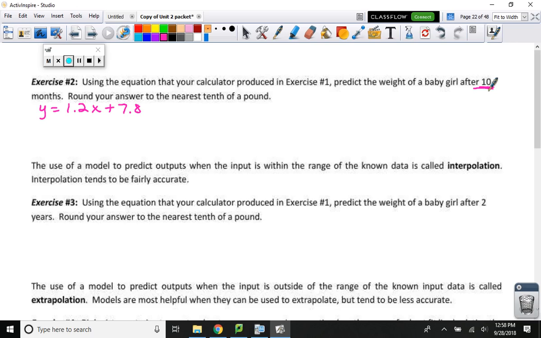Does that represent X or does that represent Y? If we look back at our table, months or age was your X value, right? So if you have the equation and the X value, you should be able to find the weight. So y equals 1.2 times 10 plus 7.8, which means if I type that in my calculator, I'm getting approximately 19.8 pounds.